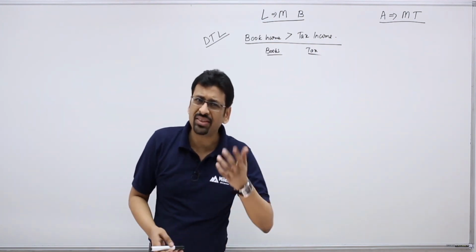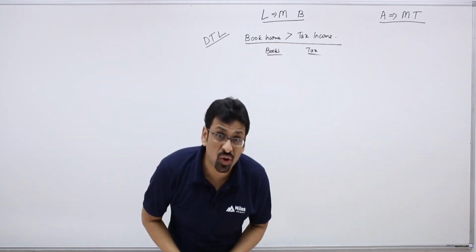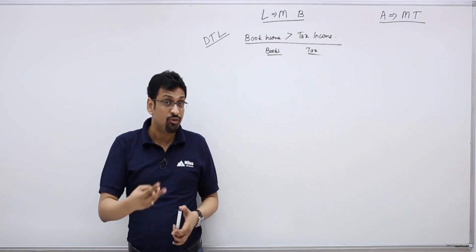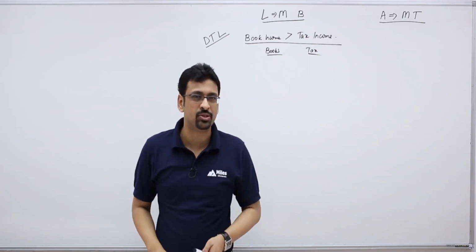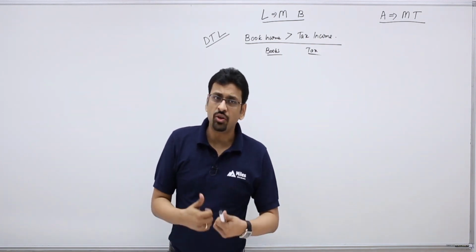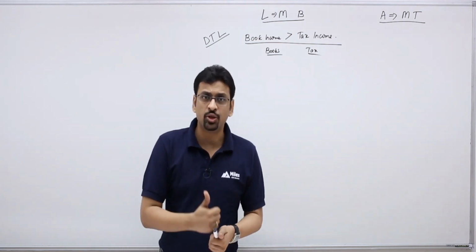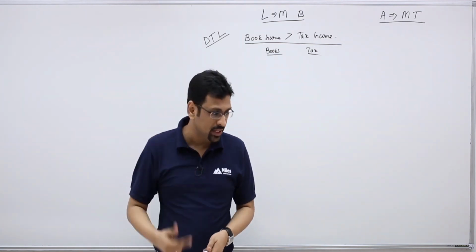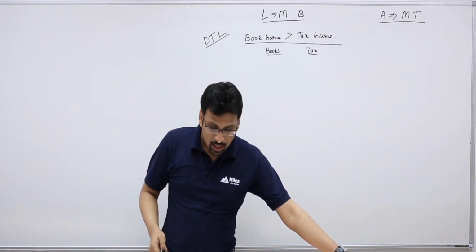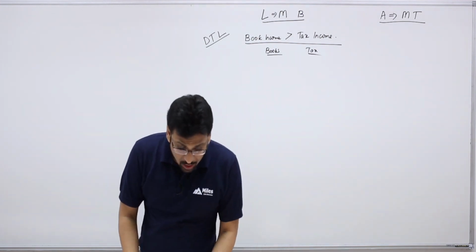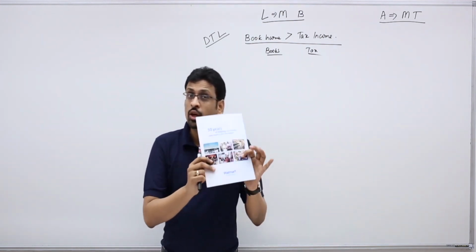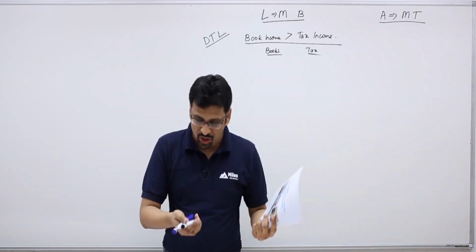To start with an example, let's talk about construction contracts that we learned in FAR 2. You've got to remember this. In construction contracts, we had two methods: percentage of completion and completed contract method. Let's say for your financial books you've used percentage of completion.